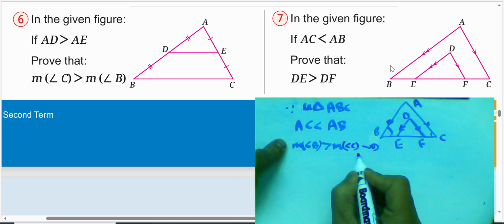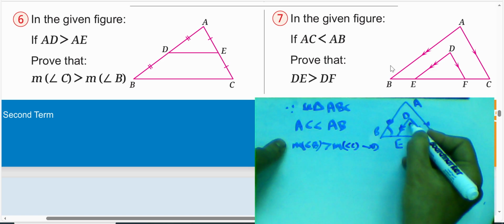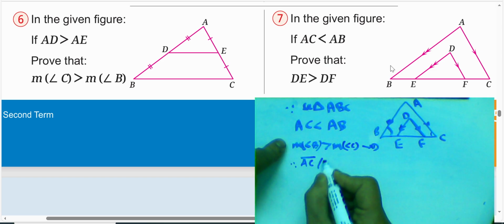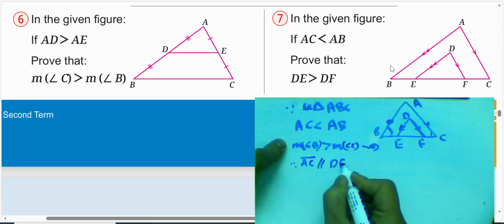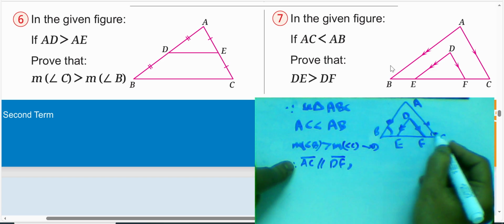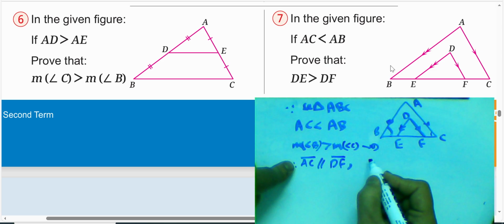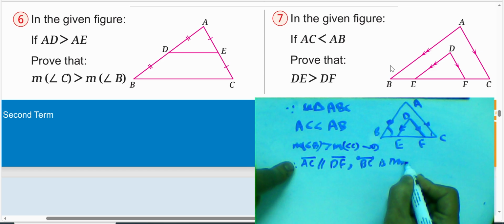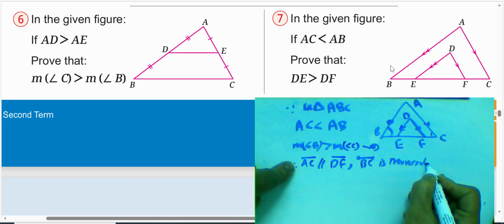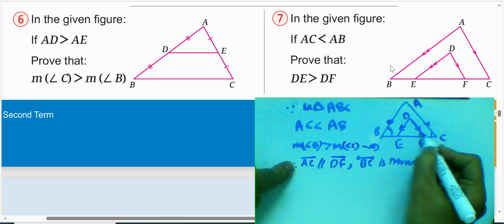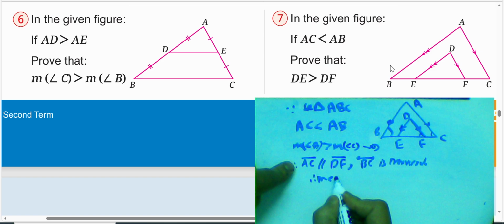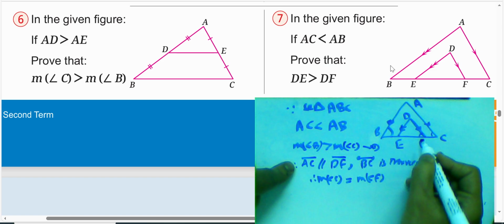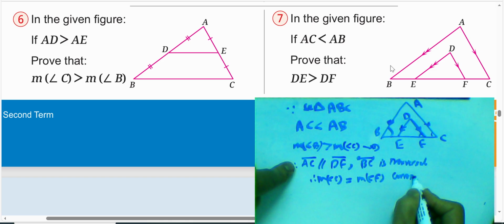This is relation number 1. We have here two sides parallel, such that AC parallel to DF, and we have straight line BC is a transversal of them. Then we have two angles equivalent. Then measure of angle C equivalent to measure of angle F, we called it corresponding angles.